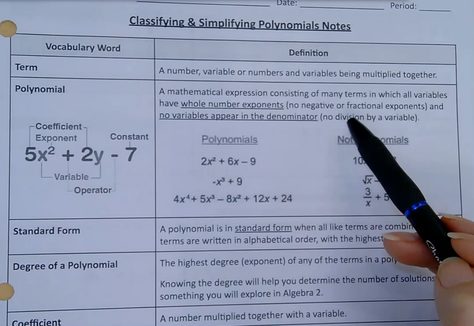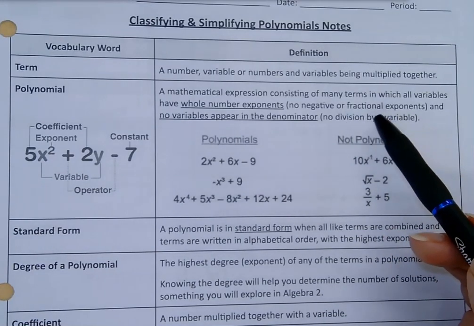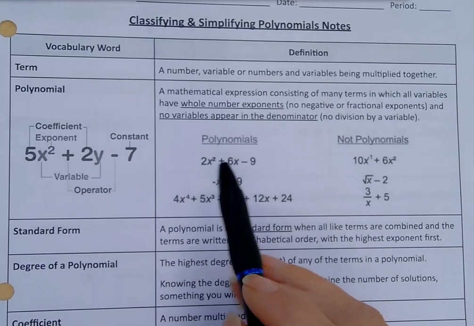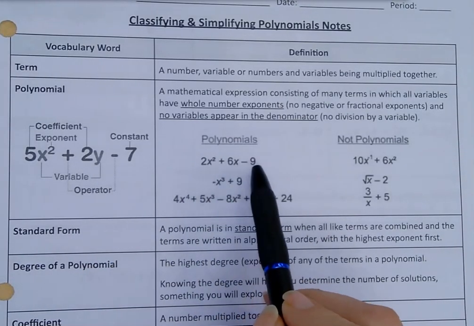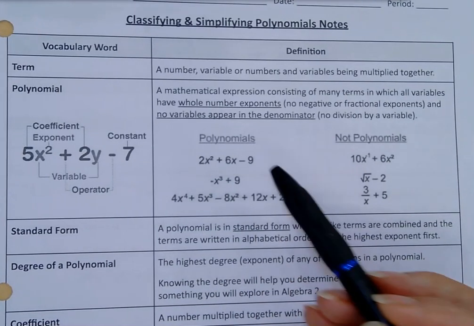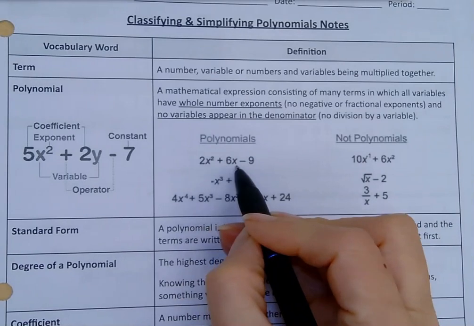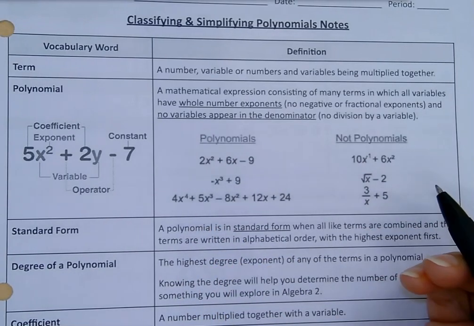All right, so we also will not have any negative exponents, and we're not going to have any variables in our denominator. So here's an example of a polynomial, 2x squared plus 6x minus 9. I have 3 different terms there.